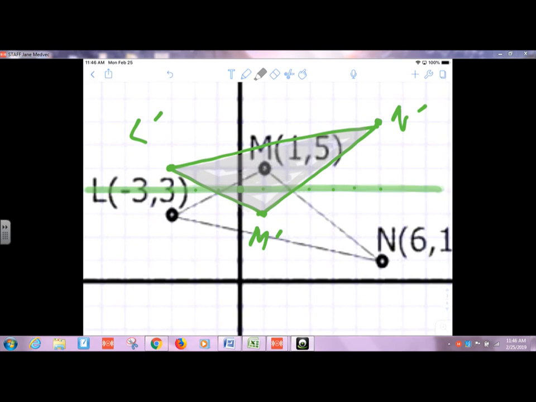And then again, what I'm going to do in my final answer is I'm going to list my ordered pairs. So L prime, you've got to go according to the x and y axis now. Don't look at that green line. And so L prime is -3, 4. N prime is 1, 2, 3, 4, 5, 6, 7.